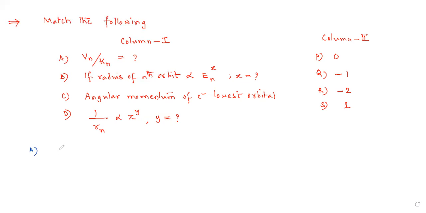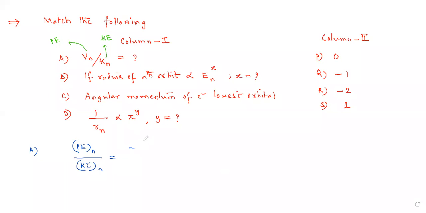Here, in fact, this Vn is potential energy, it's not velocity. Kn is given as kinetic energy. Potential energy of electron in nth orbit by kinetic energy of electron in nth orbit.